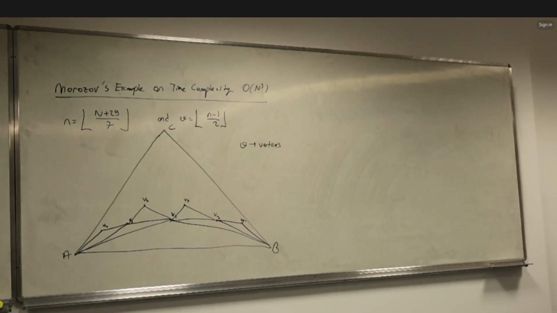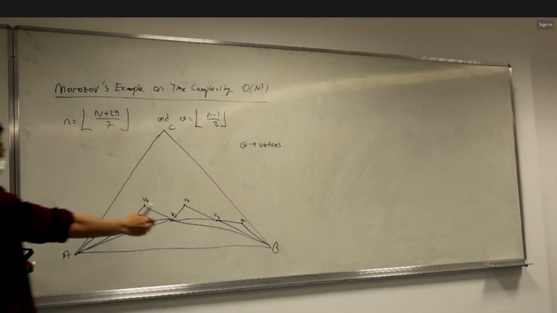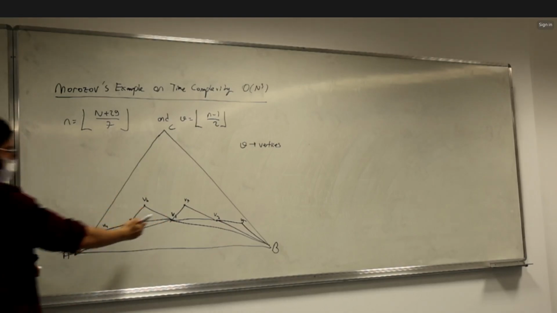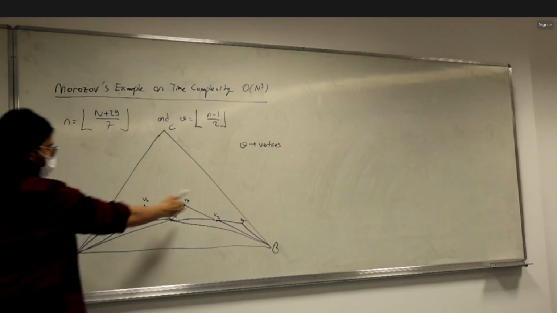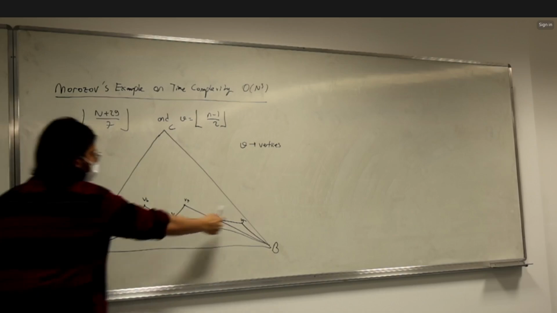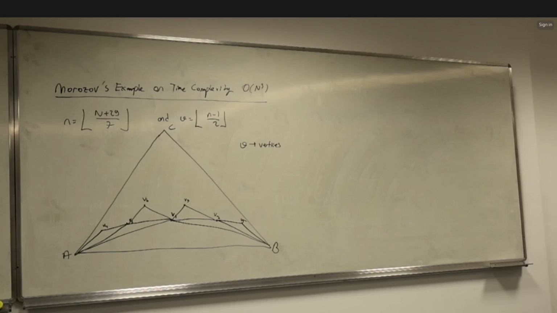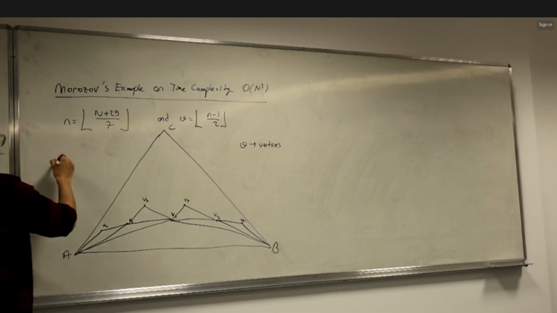So the way I interpret it is like first putting something in the middle, and then putting the vertices by first putting it into left and then right. For instance, V1, V2, V3, V4, V5, V6, V7. So in this manner, he gave the visualization of it for V equal to 7.